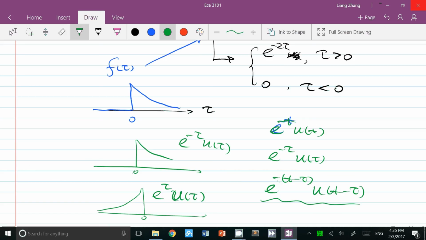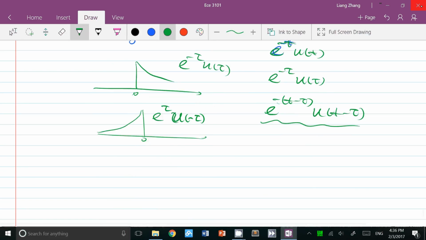See, I'm replacing all the taus with negative tau. And then if I want to move forward to obtain this one, what do I need to do?